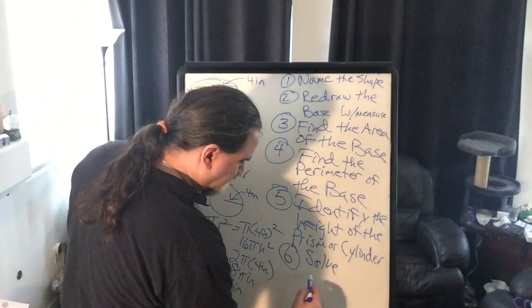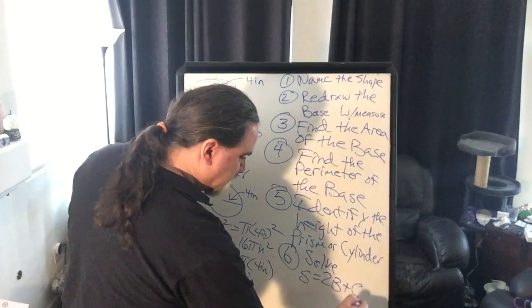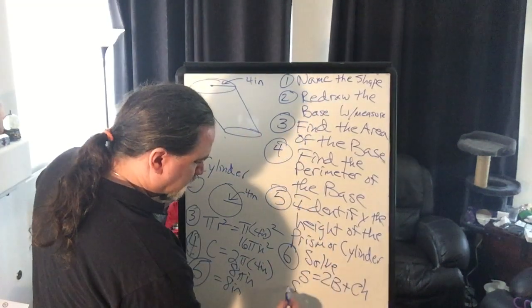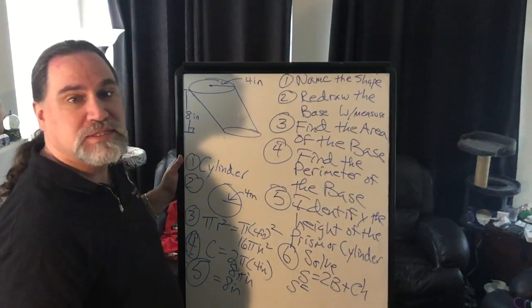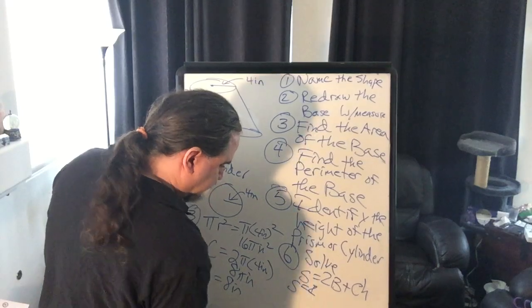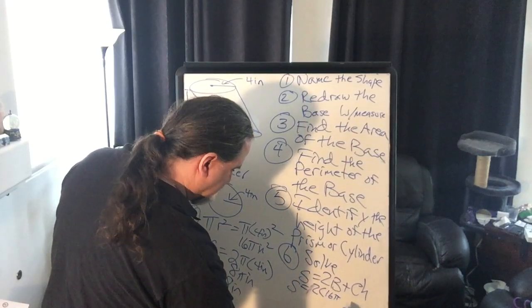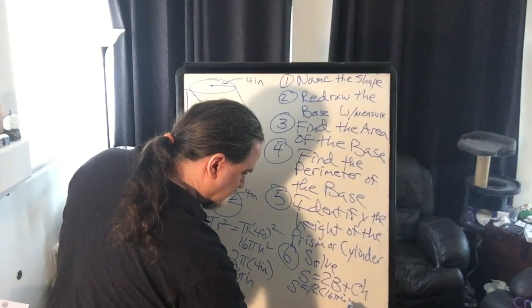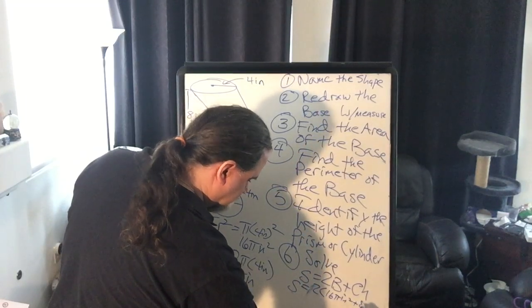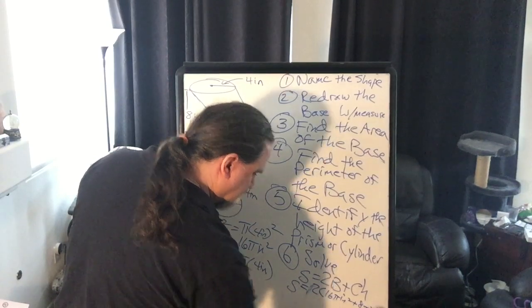And this would be this formula, 2B plus, because we're using circumference, CH. So 2 times 16 pi inches squared plus 8 pi inches times 8 inches.